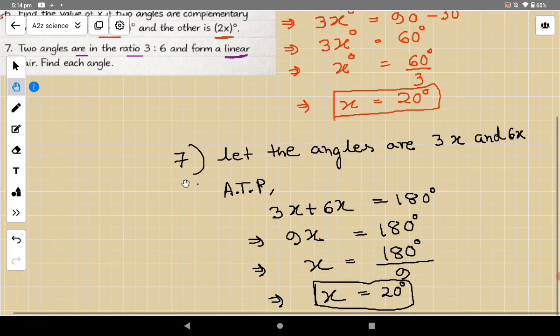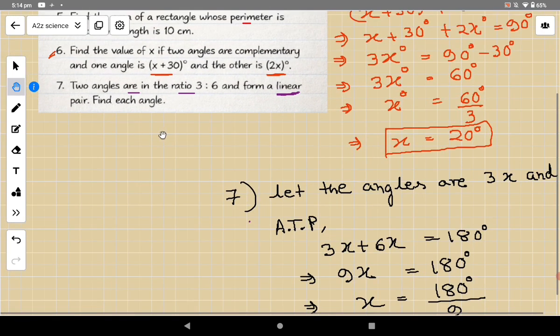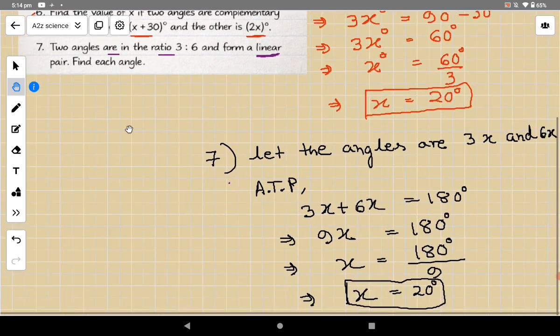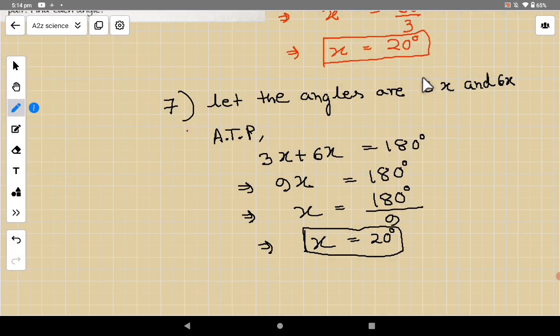Now we have to find the value of the angles. Find each angle. They never asked me to find the value of x. They are looking for the value of the angles. And here we have considered the angles as 3x and 6x. Don't stop here. You have to find the value of the angles now.